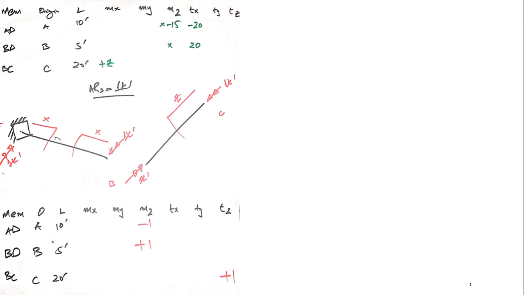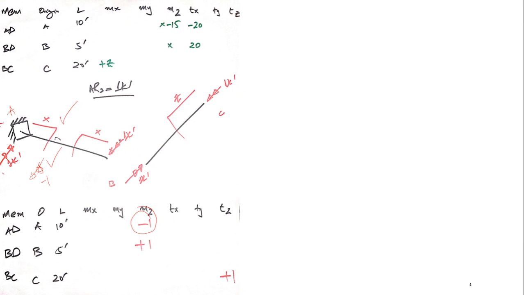Constructing the moment table is far easier. For AB, this is your A, and I have to find all moments here. Now this is a clockwise moment, so it would be balanced by equal and opposite, and this is anti-clockwise, so -1. It is in the Z direction, so MZ.